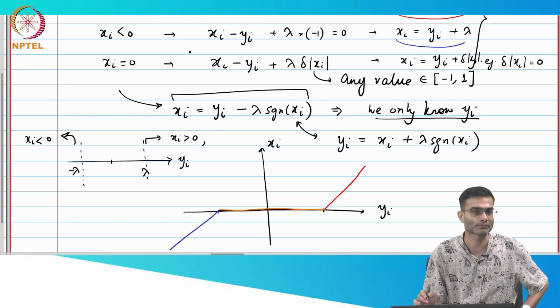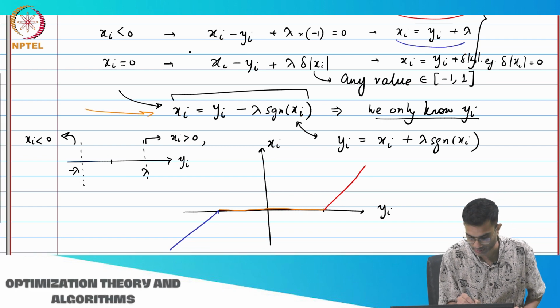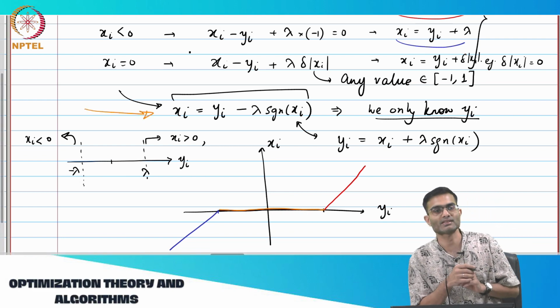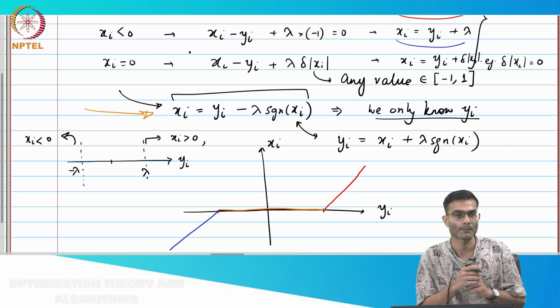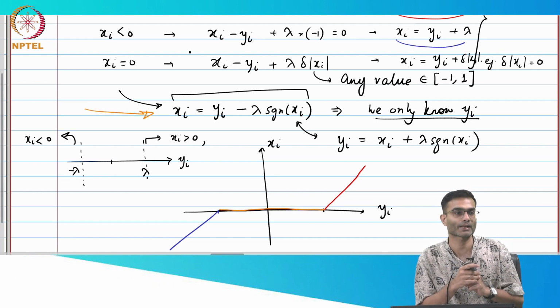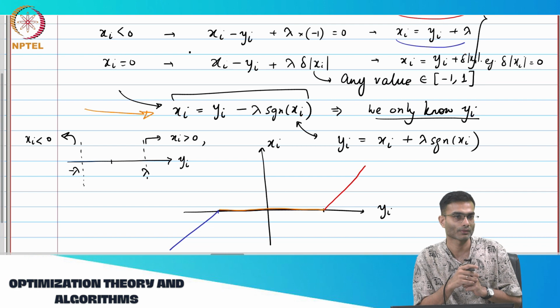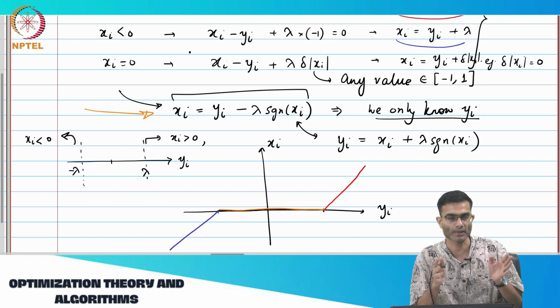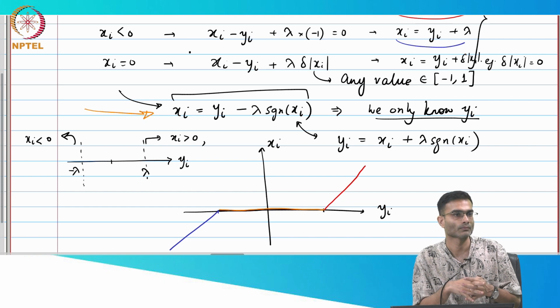is consistent. Do you see this? In this expression, if yi is less than lambda, what happens? What is the value of x that I can choose? 0 is the only thing that will work between lambda and minus lambda. Only one possible point, meaning?